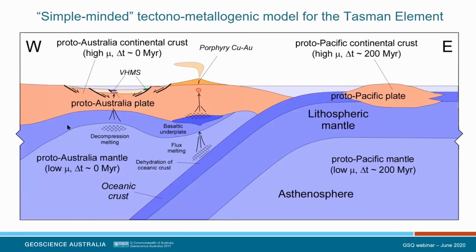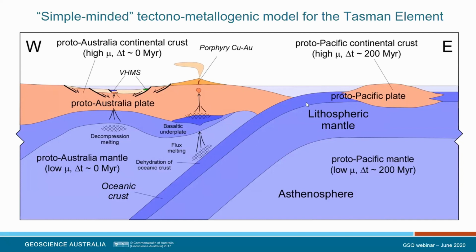Okay, so what we have is a proto-Pacific plate to the west, a proto-Pacific plate to the east, with the proto-Pacific plate being subducted. We have a small continental fragment with proto-Pacific type lead. It has a higher mu and a delta T of about 200 million years.